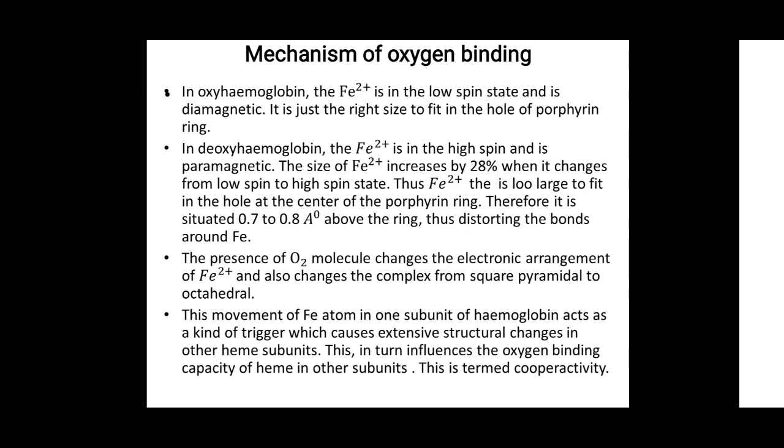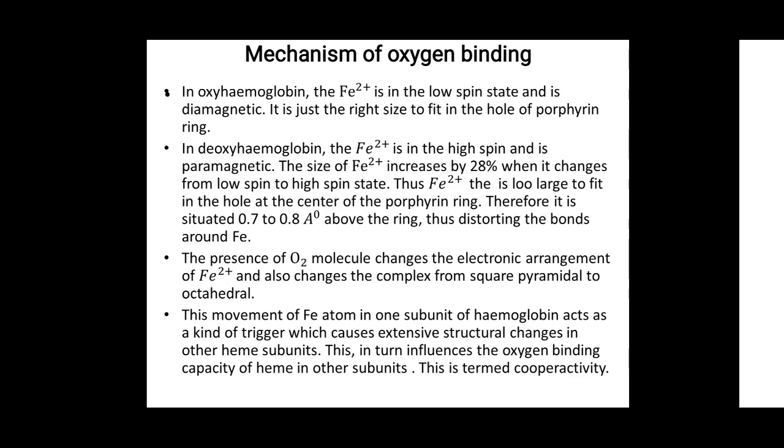So, what is it actually? When oxygen binds with the iron, its geometry changes from square pyramidal to octahedral. So when one of the heme units changes its shape, it triggers the other heme units also to change their shape from square pyramidal to octahedral.